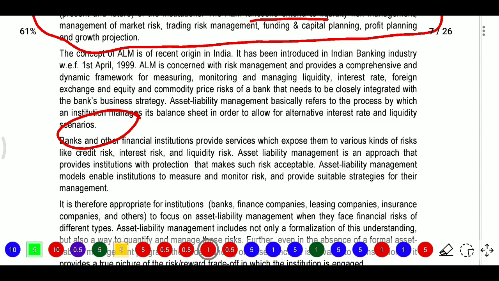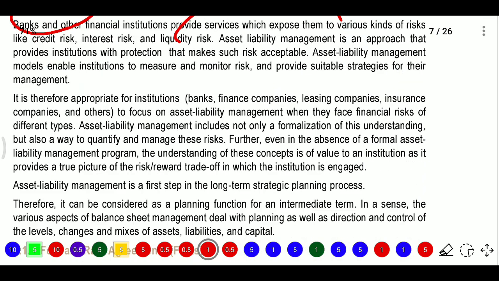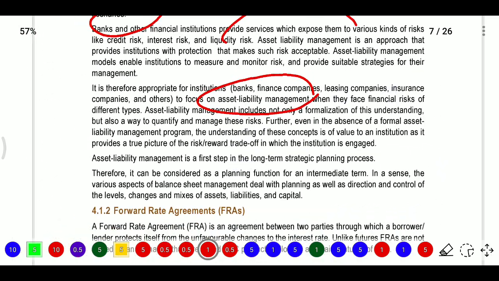It is therefore appropriate for institutions, which may be banks, financial companies, leasing companies, insurance companies and others. They need to focus on ALM, that is asset liability management, when they face financial risk of different types.